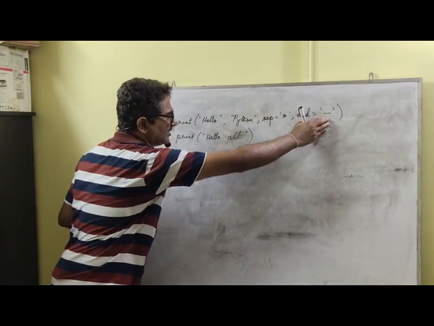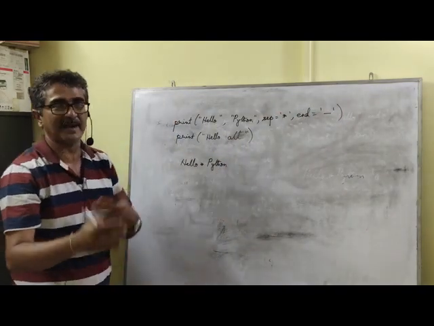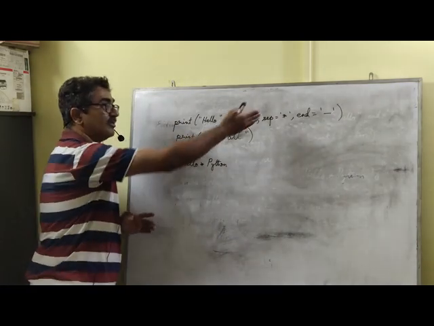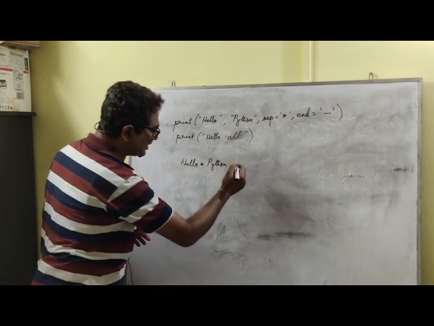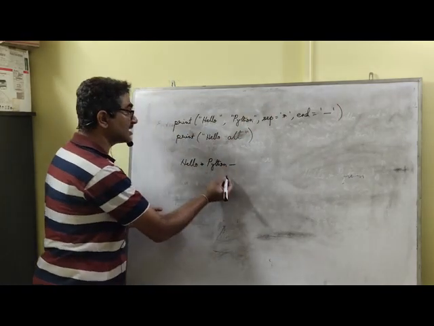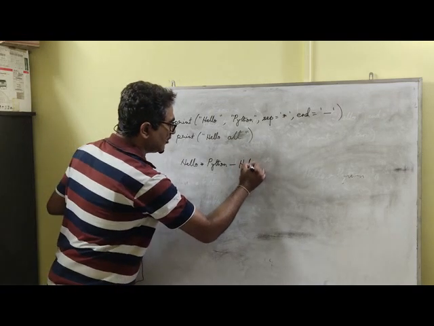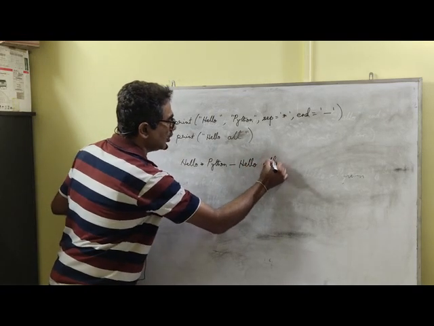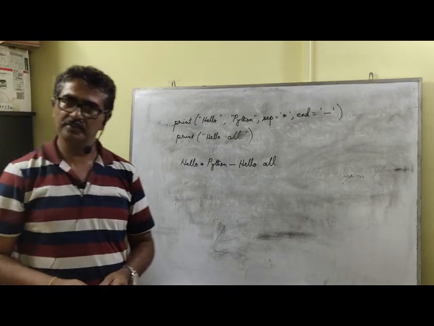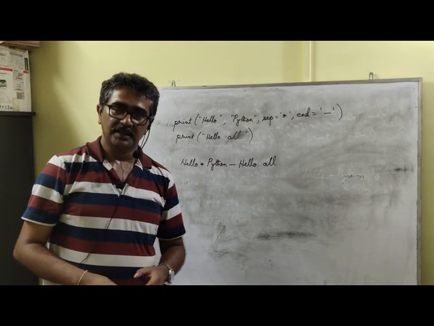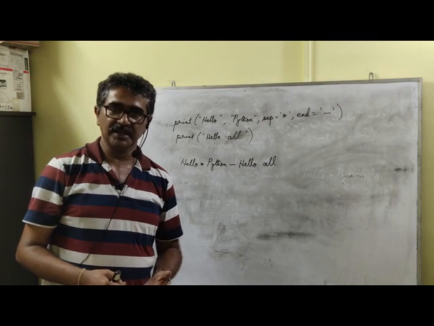If you do not give this end statement, end by default will be \n, so your next print statement will get displayed in the next line. However, we give that end where end is minus, so it will put a minus and it will start displaying whatever is there in the next print statement. So here it's going to display hello all. That's how it is going to do. I believe you can understand what I'm trying to tell out here.